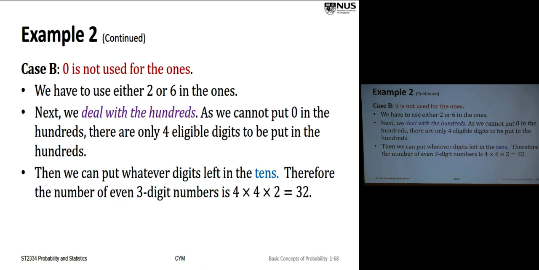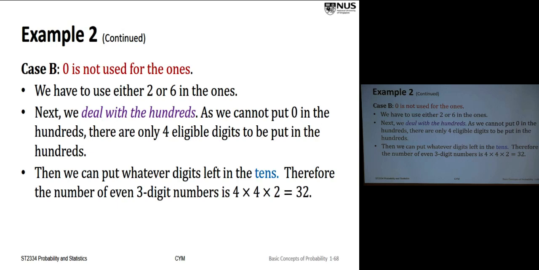So I have to choose from the remaining, 2, 4 or 6 in the ones place. Because now 0 is not in the ones place, I have to meet this even number condition. So there are 3 choices in the ones place.